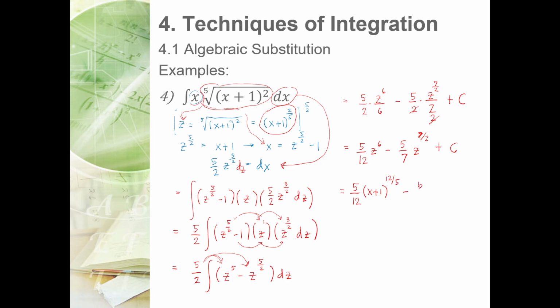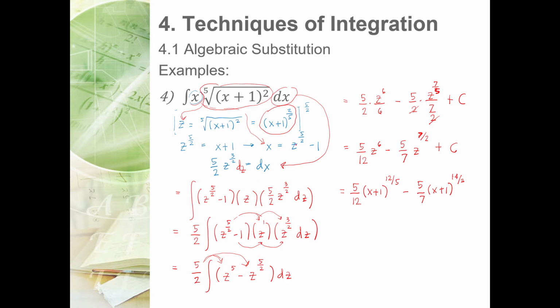Minus 5 over 7, and then x plus 1. Then this would give us 14 over 2, over 5 also, no? Over 5. 7 fifths also.